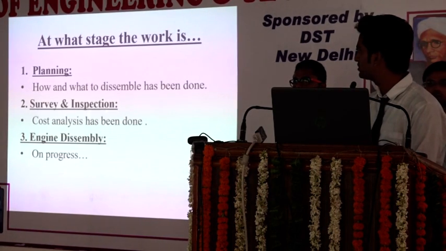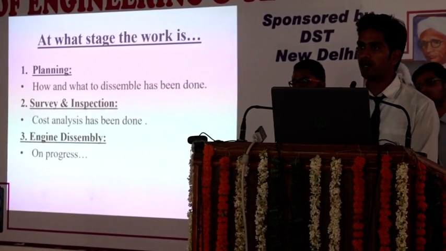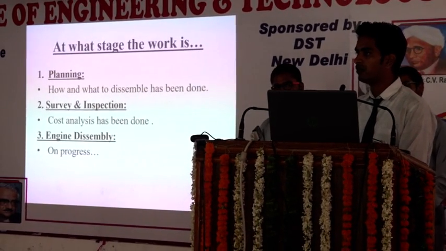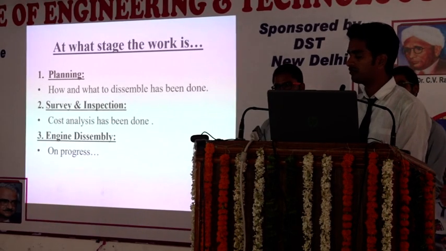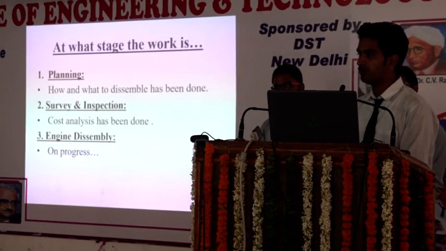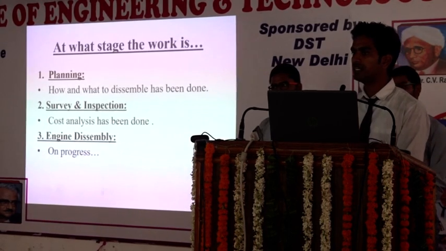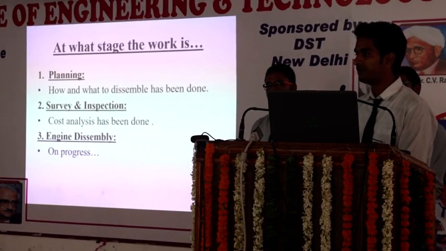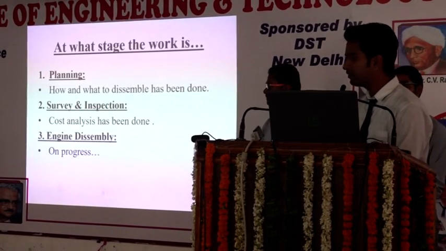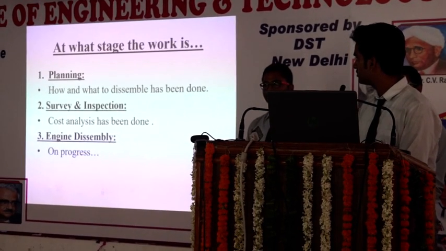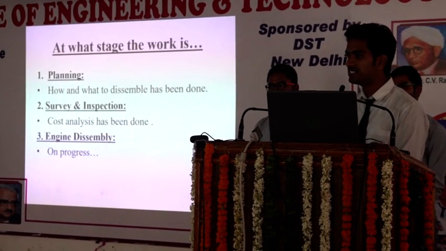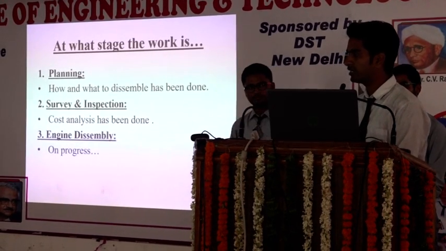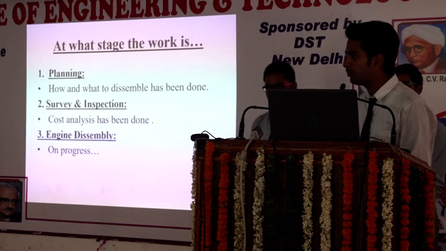After that, we did a survey and inspection, in which we did cost analysis and found that the old engine we can buy costs about rupees 50,000, and the generator alternator we avail costs about rupees 50,000. So the total sum will be 1 lakh, and engine assembly is in progress. Now the project will continue with Umang Singh.